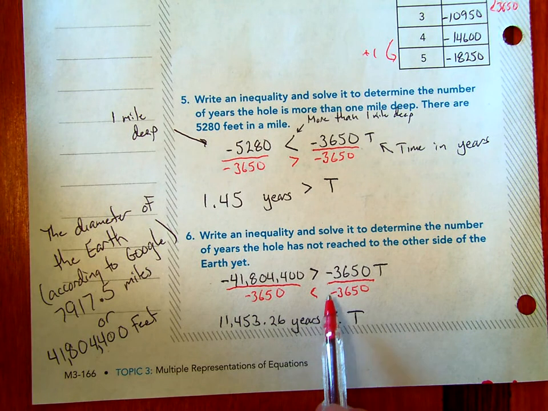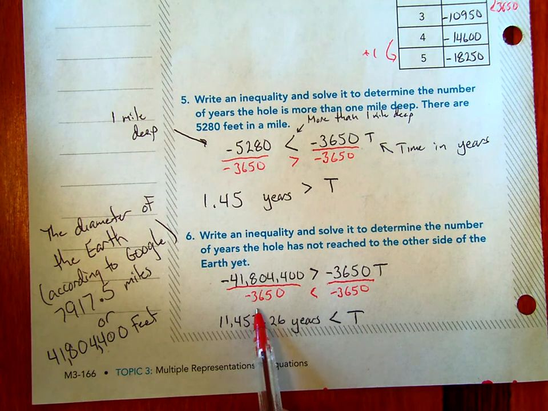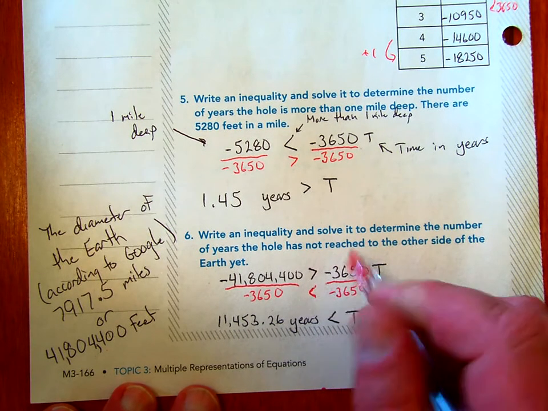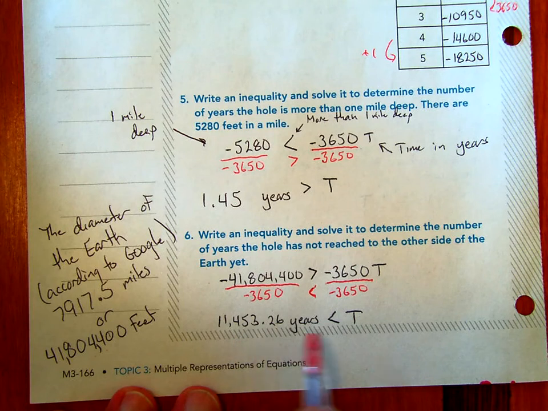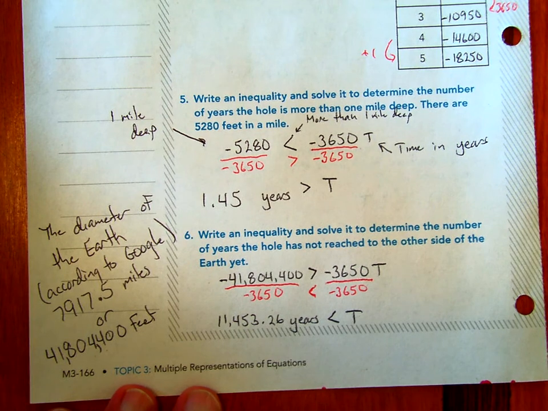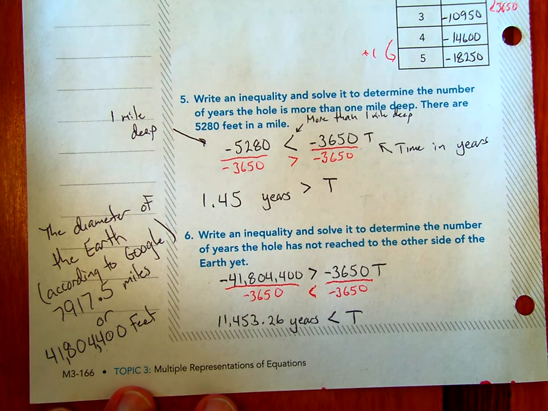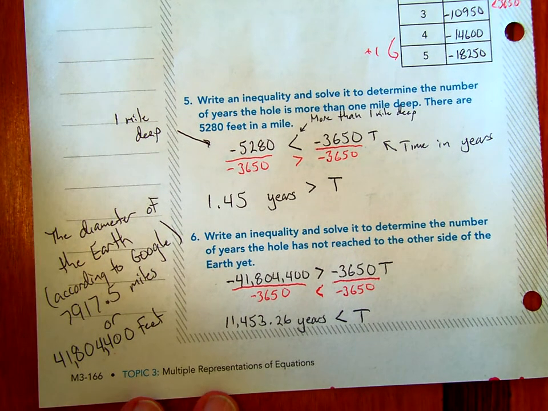I divided both sides by negative 3,650. Again, dividing both sides by a negative made me flip the sign to its opposite. And I got time is in years, or t is greater than that many years: 11,453.26.